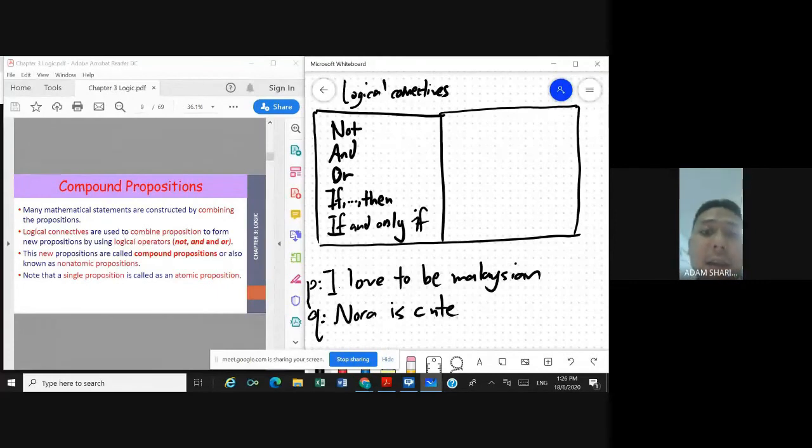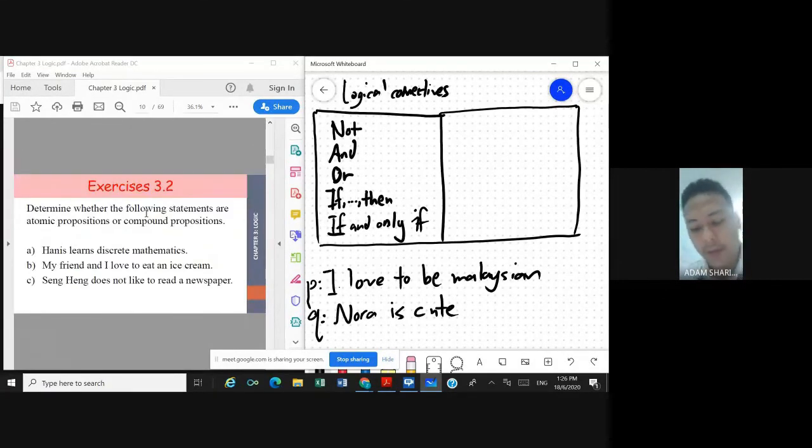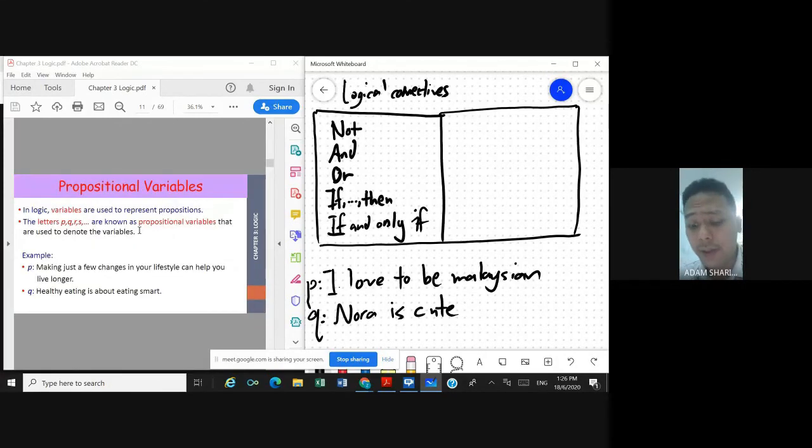Nora is cute is a proposition as well, as it can be true and it can be false. P and Q are called logical variables. We can represent them as P and Q to make it short.